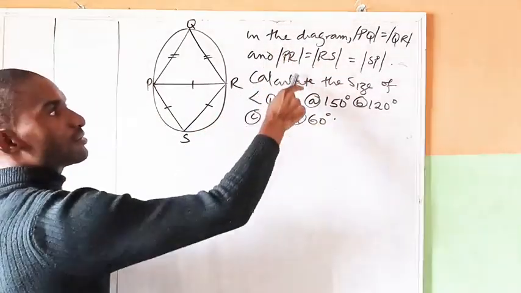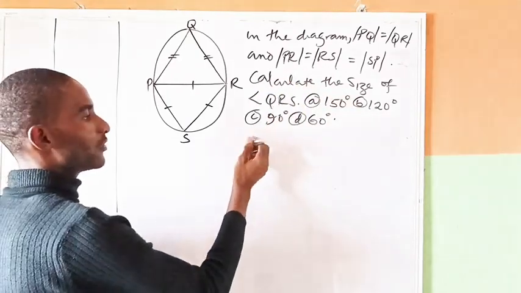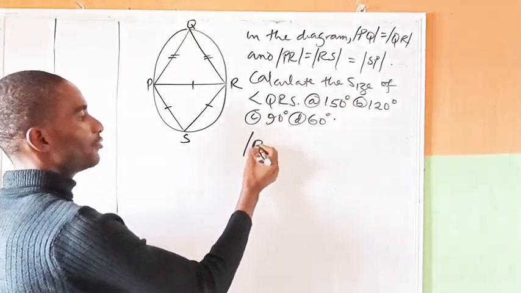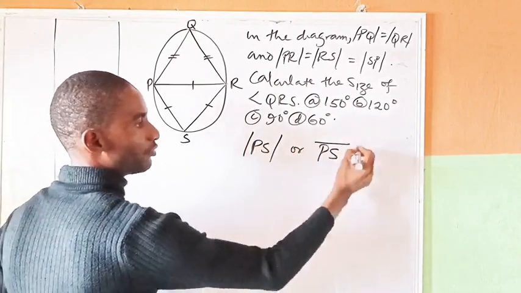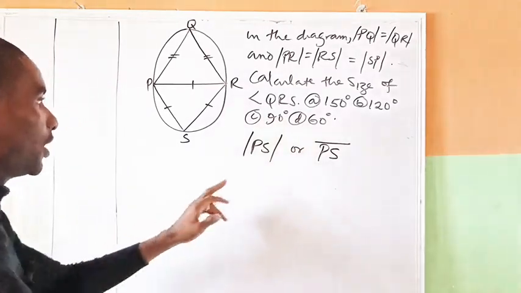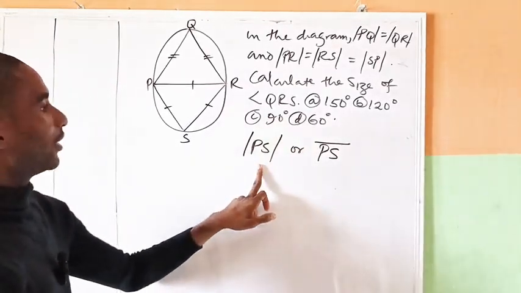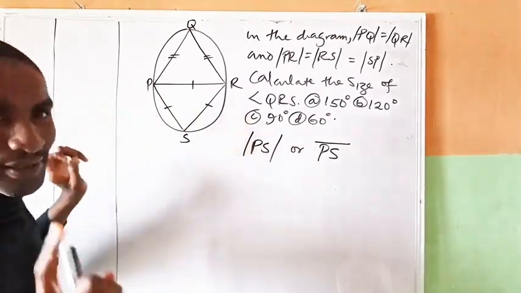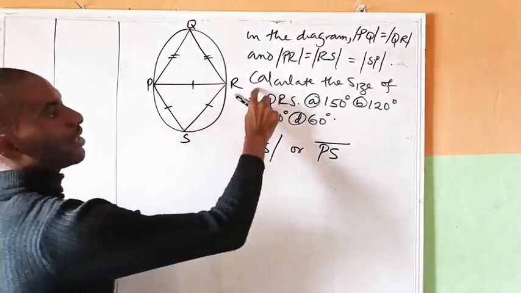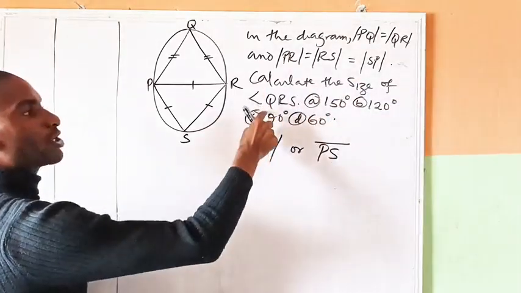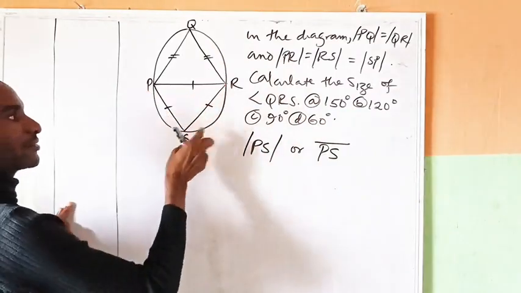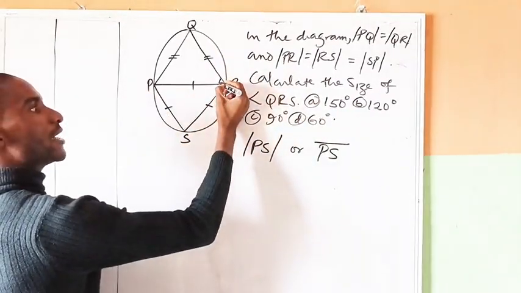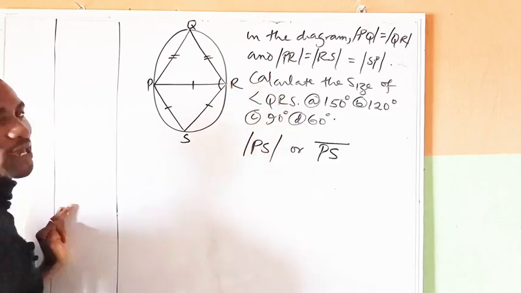They can either write it like this, line PS, or write it as PS with a line on it. Is that okay? Now, that is number one. Number two, they say calculate the size of angle QRS. So we are looking for here and here joined together.